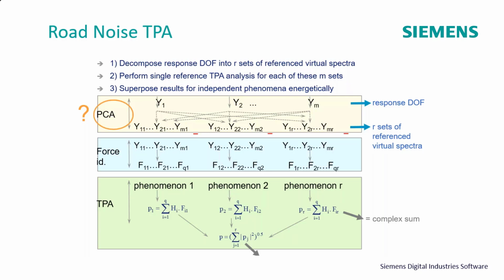And then we superimpose the results for each of those independent phenomena. So basically, we're going to look at principal component 1, calculate the force via matrix inversion with the virtual spectra, do that for principal component 2, principal component 3, etc. And then we're going to look at the total contribution by doing an RMS sum of the contribution due to each of the principal components.